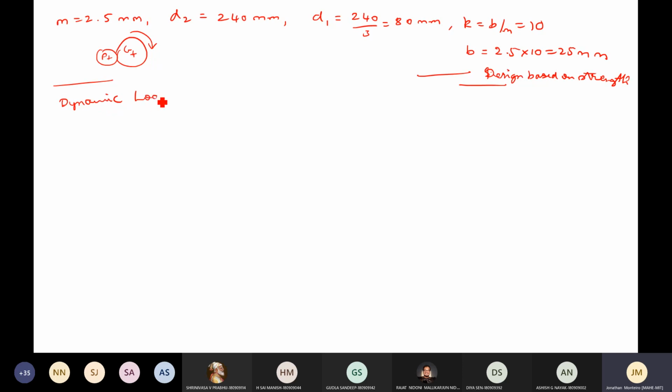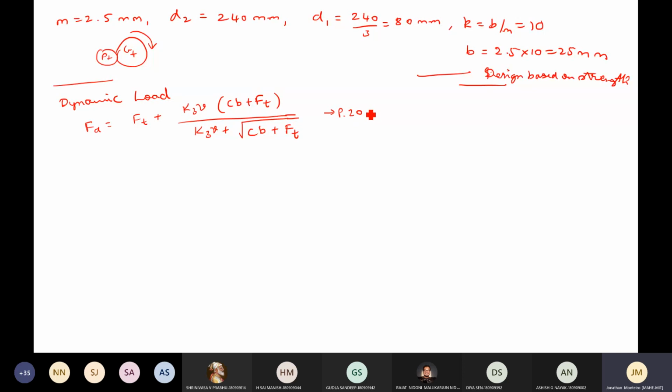For dynamic load, we have some ready equations with us. FD is equal to FT plus K3V(CB plus FT) divided by K3V plus root of (CB plus FT).